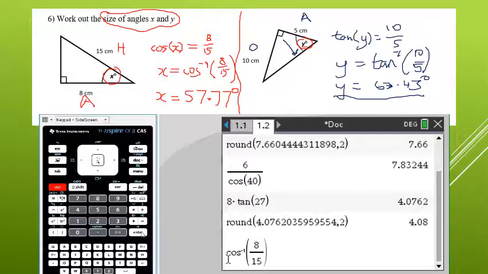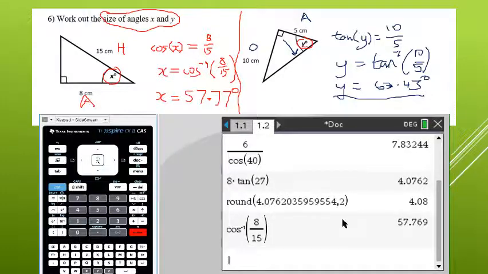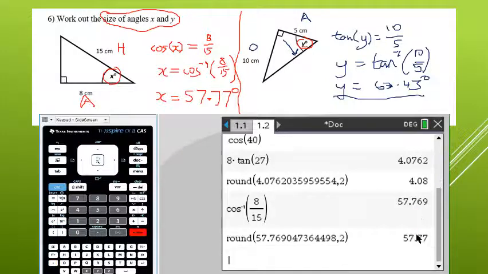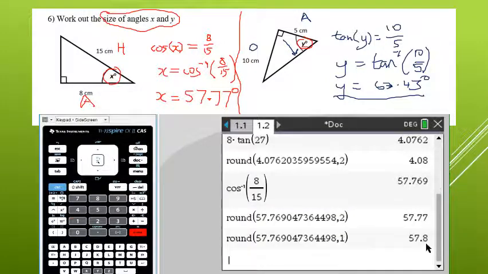I go control enter, and here it gives me the answer 57.769, so to 2 decimal places that would be 57.77. If I was going to 1 decimal place it would be 57.8. I'll just show you that. Round that to 2 decimal places gives me 57.77, and if I rounded that just to 1 decimal place it would be 57.8. Little revision there of our rounding.